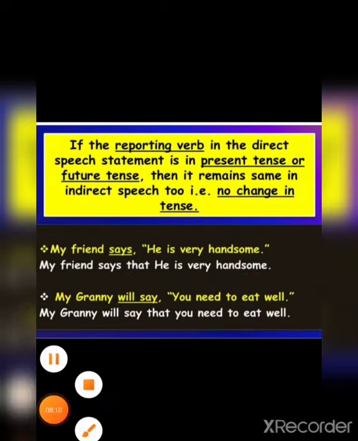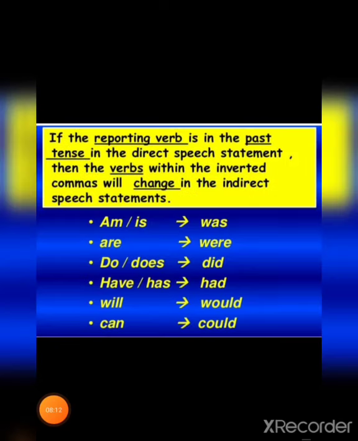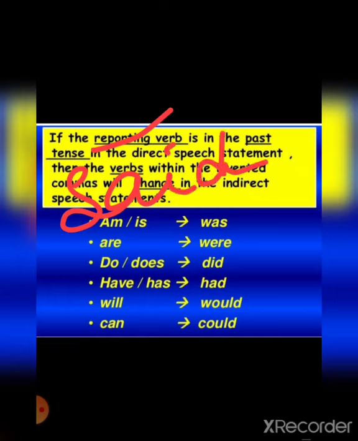Okay? But if the reporting verb is in past tense in the direct speech, then the verbs within the inverted comma will definitely change in indirect speech statement. That means if the reporting verb is in past tense, that means said, then you have to change the tense of the verb in the inverted comma.